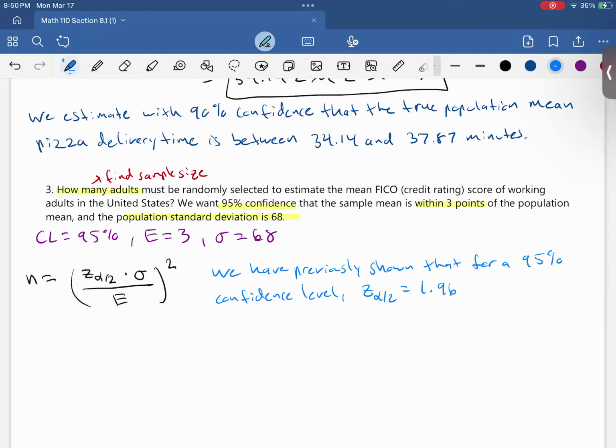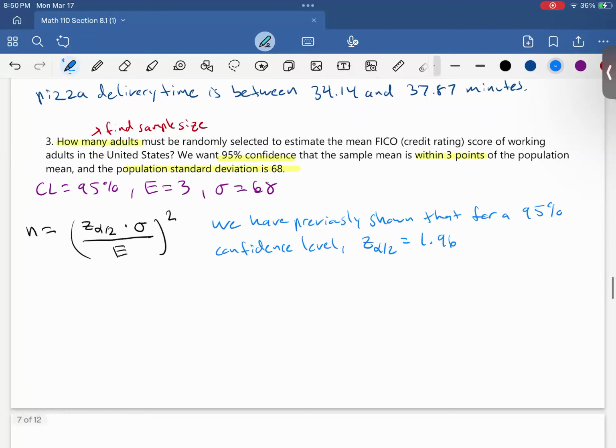So we can just use this 1.96 and find our sample size. So let's finish this out. 1.96 times 68 over 3 squared.